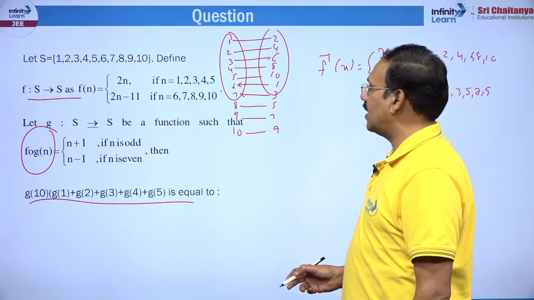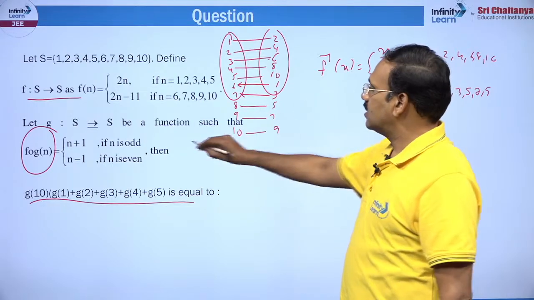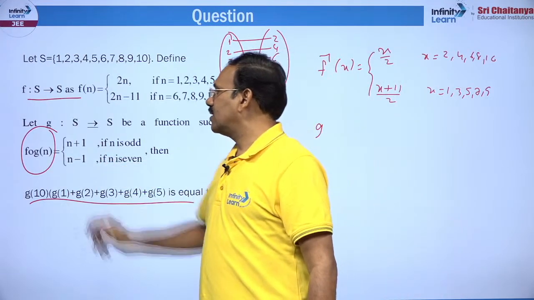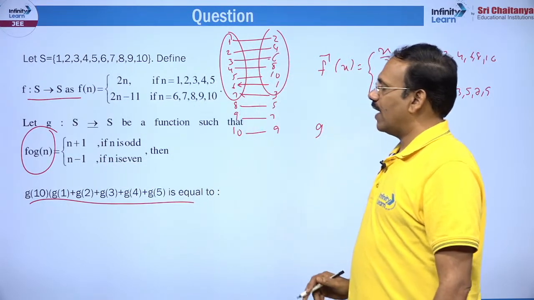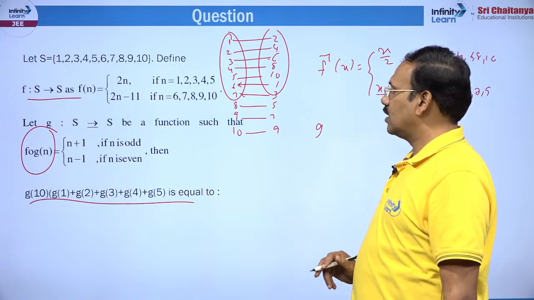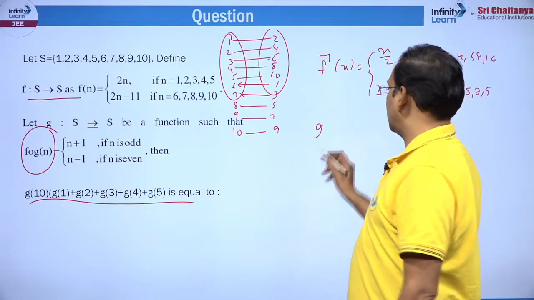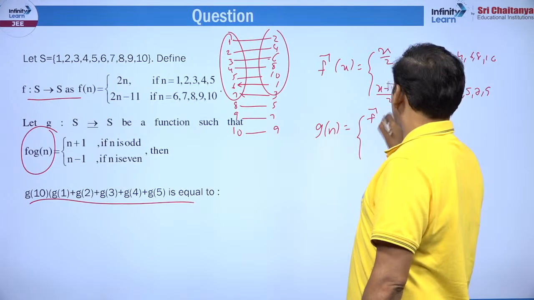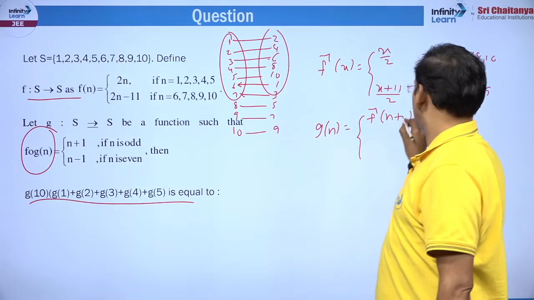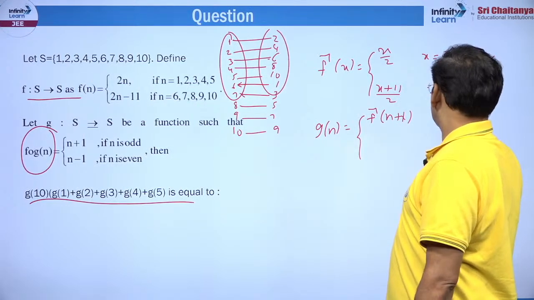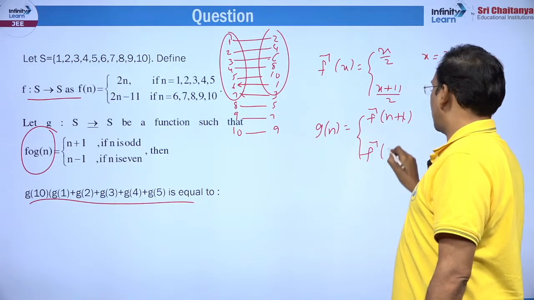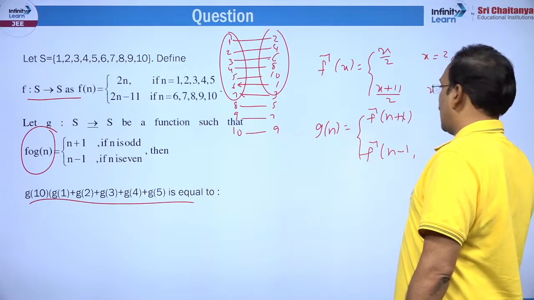Because this is the one that is given, f circle g of n is given, so g of n is nothing but f inverse of n plus 1 if n is odd, and f inverse of n minus 1 if n is even.